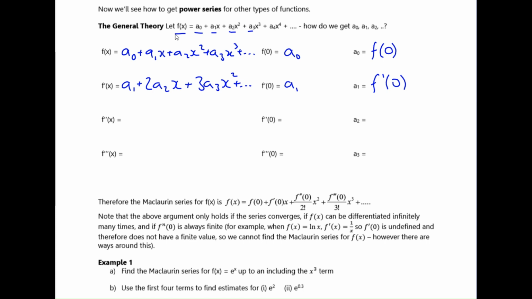If I differentiate this expression again, the a1 will disappear. 2a2x will differentiate to 2a2. 3a3x squared will differentiate to 6a3x, and so on. You would obviously get a squared term and a cubed term, and so on. If I substitute in 0, you'll just be left with 2a2, and so to work out a2, I differentiate f of x twice and then divide by 2.